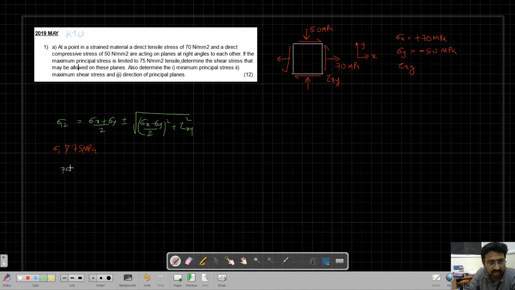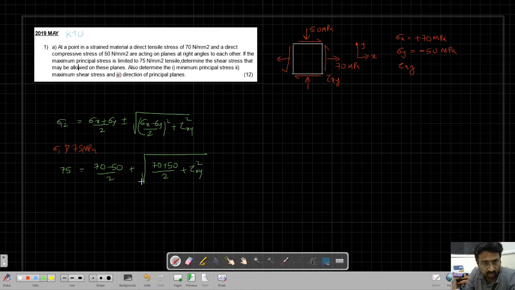It is limited to 75, so it is equal to sigma x plus sigma y, so 70 minus 50 by 2, plus under root of 70 plus 50, because minus minus will become plus, by 2 whole square plus tau xy square. So the only unknown is tau xy. We can directly solve this to find the value of tau xy.